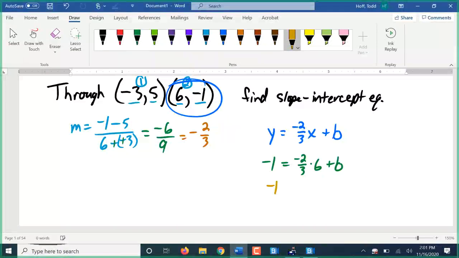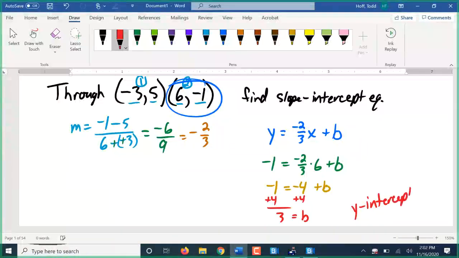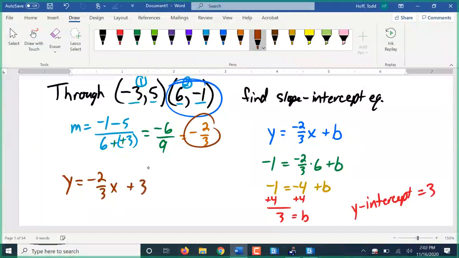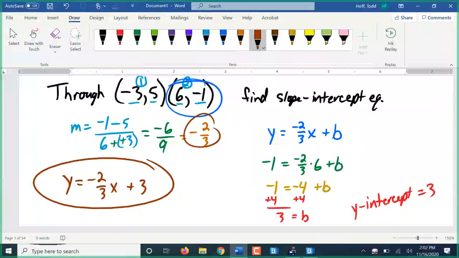I combine what I can combine. -2/3 times 6 is -4. And then I solve for b by adding 4. -1 plus 4 is 3, so 3 equals b. Telling us our y-intercept is 3. And our equation, y equals the slope of -2/3 times x plus our y-intercept of +3. So there's our equation in slope-intercept form.